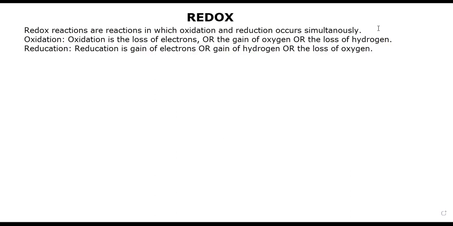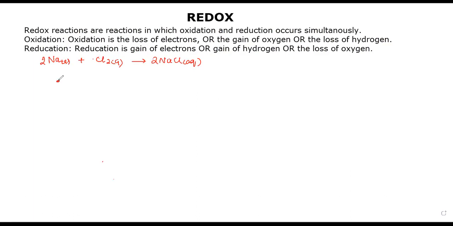For example, let's take a look at a few half equations. Let's take a very simple chemical equation. We have solid sodium reacting with Cl2, which is a gas, to give us NaCl. Now, in this particular situation, we can make two half equations.